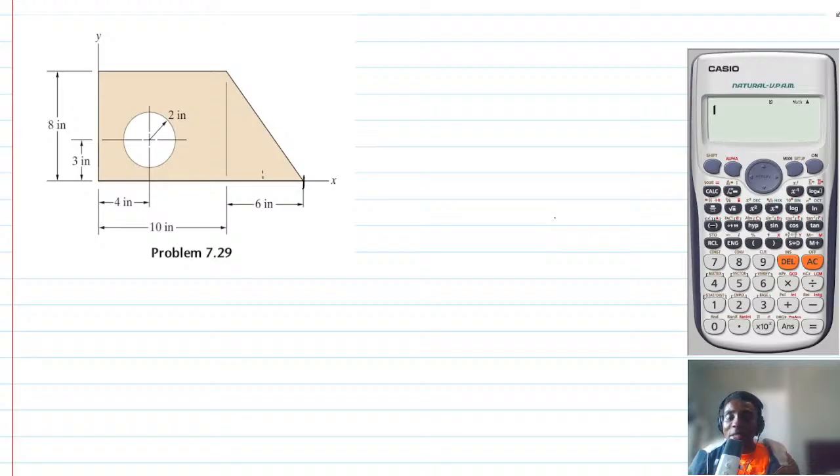The first question I will ask you: how many areas, or how many figures, do you see here?